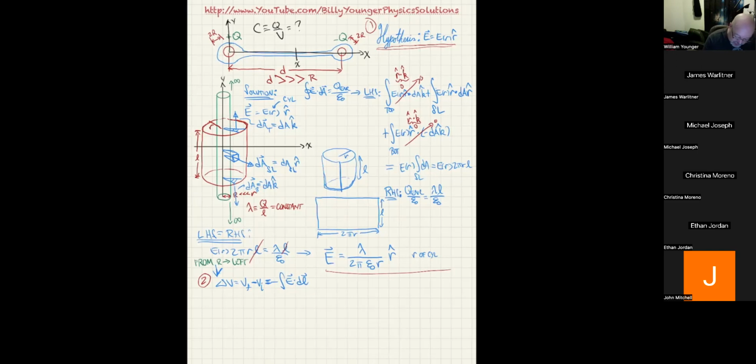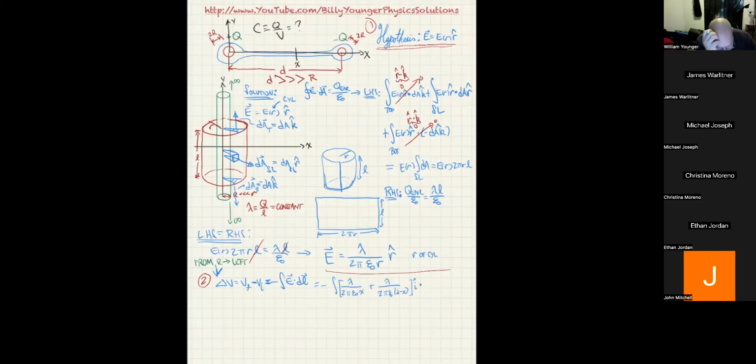So our voltage difference is going to be equal to negative integral of lambda over 2 pi epsilon naught x plus lambda over 2 pi epsilon naught times d minus x. Both of those, of course, in this coordinate system I've drawn, have an i hat direction, and I'm going to dot them.